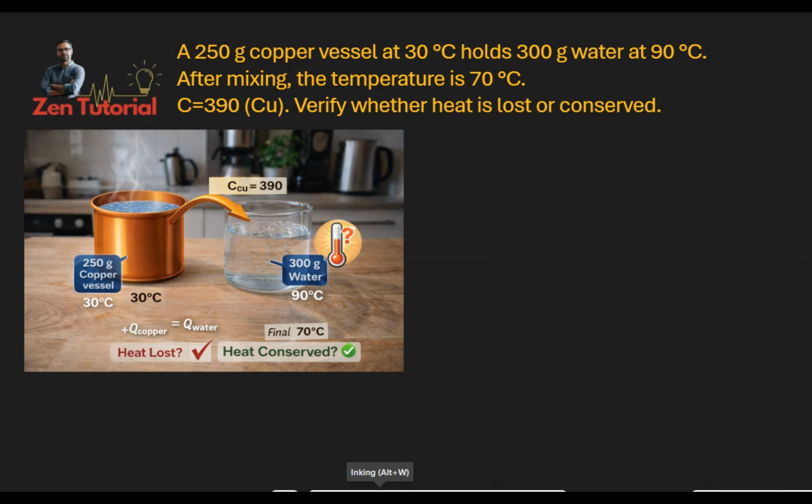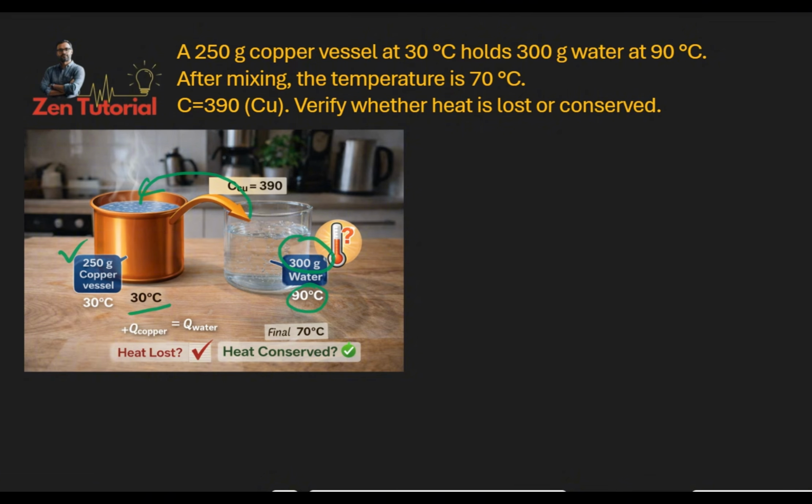Initially, this copper vessel's temperature is about 30 degrees Celsius and its mass is 250 grams, and the water in the other container is hot water at 90 degrees Celsius, and the amount is about 300 grams, that are mixed together.